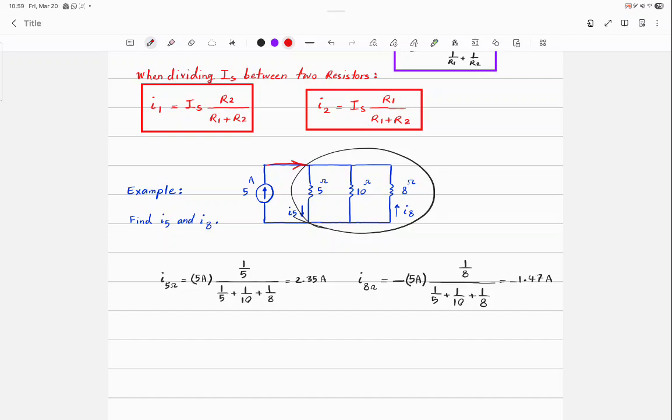Some of it goes down to the left, middle, and right. The one that goes down to the left is exactly in the same direction as the main current coming to that combination. That's why it is positive, because it agrees with 5 amps. But the 8 ohm, if you look at it, is going up, while the main current is going down.